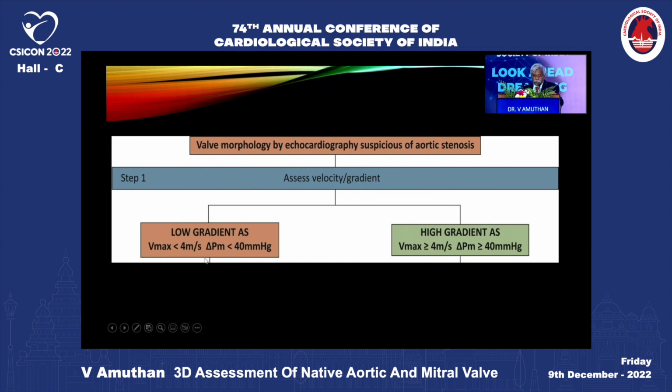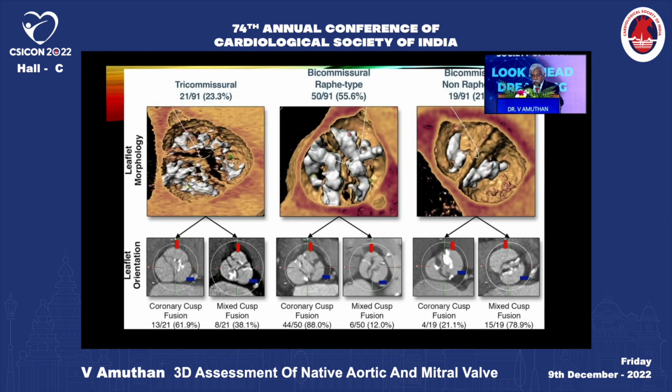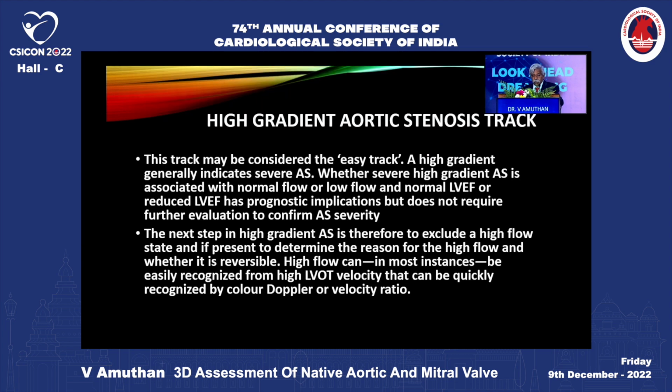But the problem comes when there is a low gradient aortic stenosis. And these are the types of bicuspid aortic valve. This high gradient aortic stenosis tract is considered as an easy tract. High gradient generally indicates severe aortic stenosis.